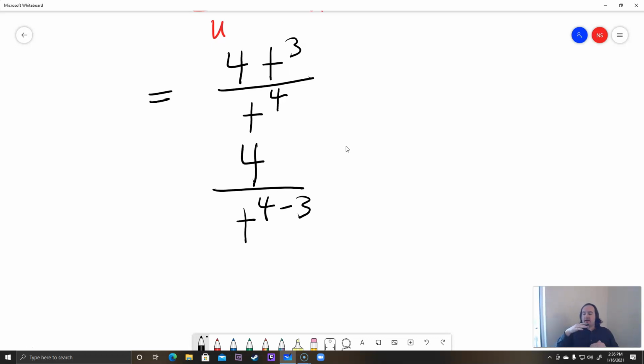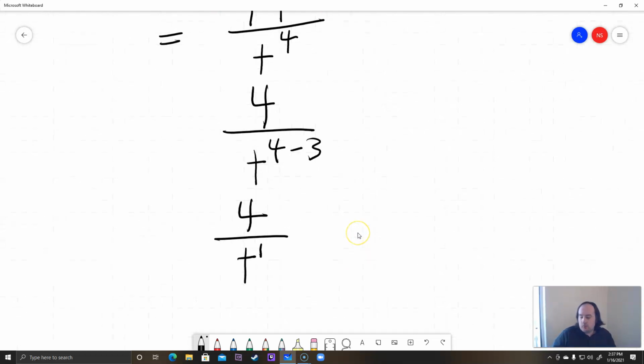Because when you're dividing exponentials with the same base, you subtract the exponents, and you do that subtraction wherever the larger exponent is. Here, the larger exponent's on the bottom, so we're subtracting the exponents on the bottom. Okay, and then 4 minus 3 is just 1. So we actually just get 4 over t to the 1. But of course, we don't need to write t to the 1. We're just going to write t instead.